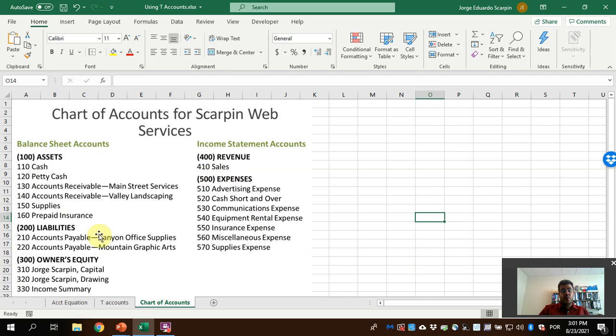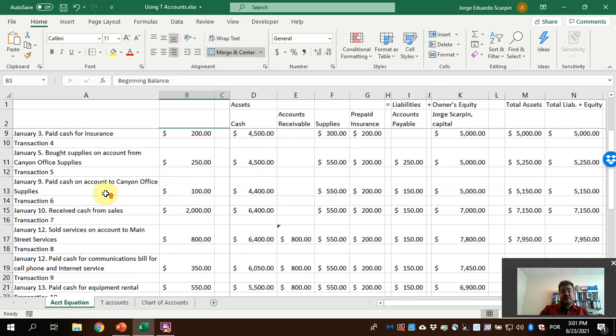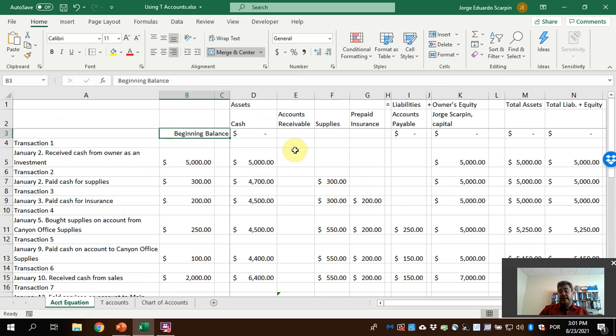So we will work with these names for the Scarping Web Service, my fake company. And here we have the same 11 transactions for the accounting equation. If you go back to the accounting equation video, I explain these numbers.